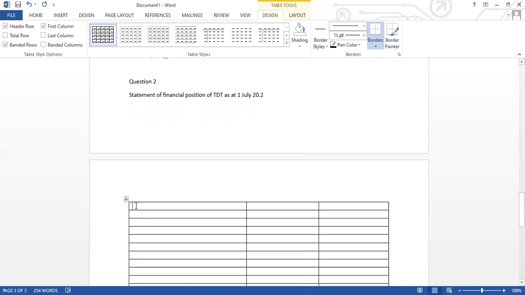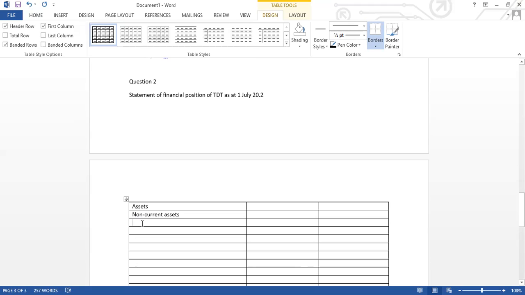So the first thing, drawing up a statement of financial position, we first start off with our assets, our non-current assets first. So what type of non-current assets do we have? What non-current assets are we given there?